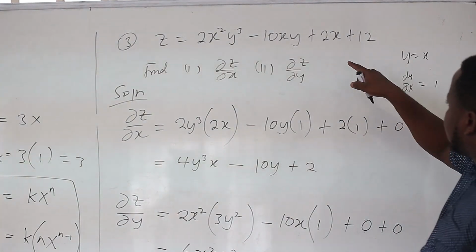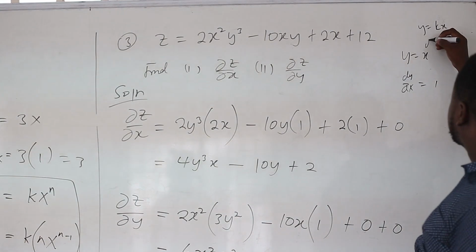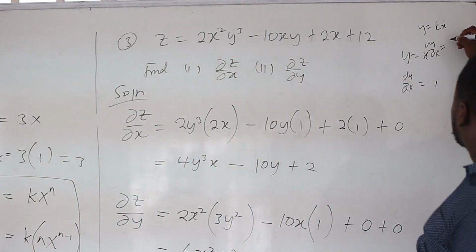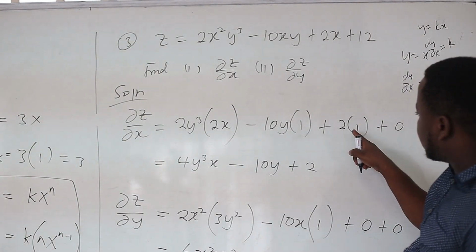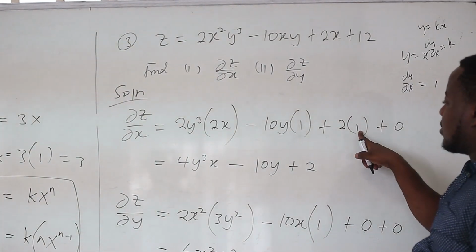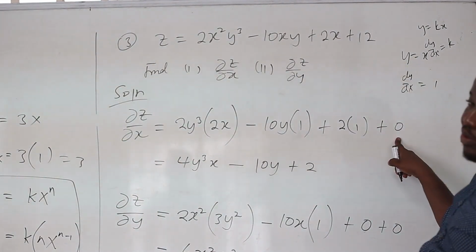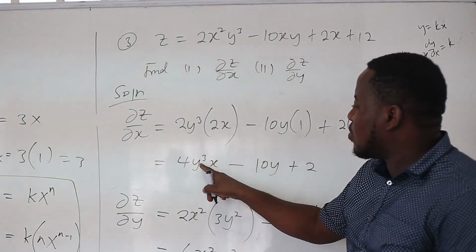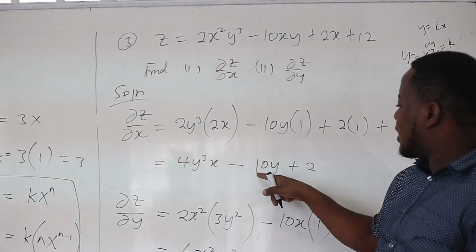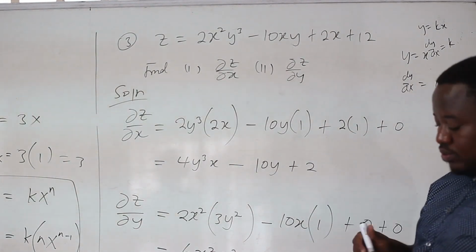Then plus, so if you have y is equal to kx, dy dx is equal to k. So 2x, so we have 2, we differentiate x, just get 1. Okay? Plus, if you differentiate any constant, you get 0. So plus 0. Then we can simplify them. So this will give us 4y cubed x minus 10y times 1, you just have 10y, plus 2 times 1, you get 2.